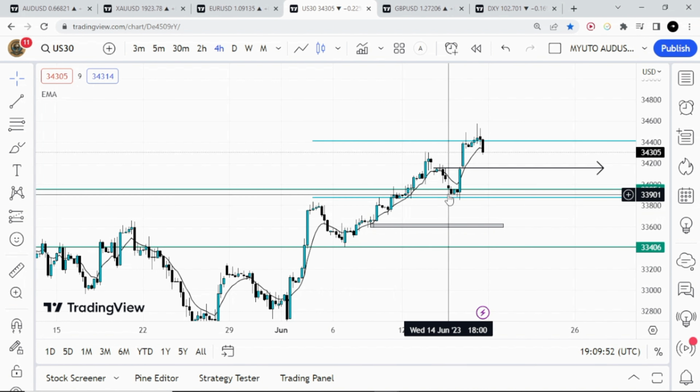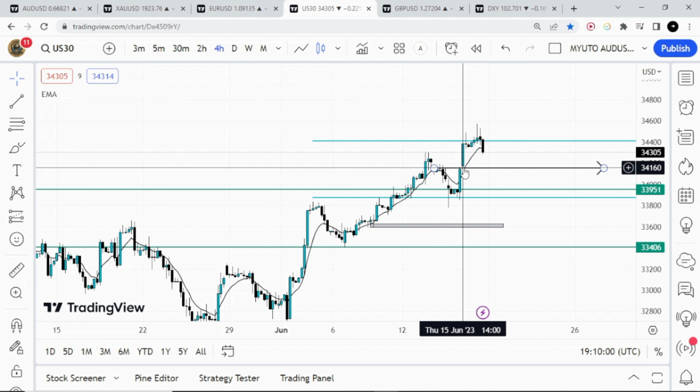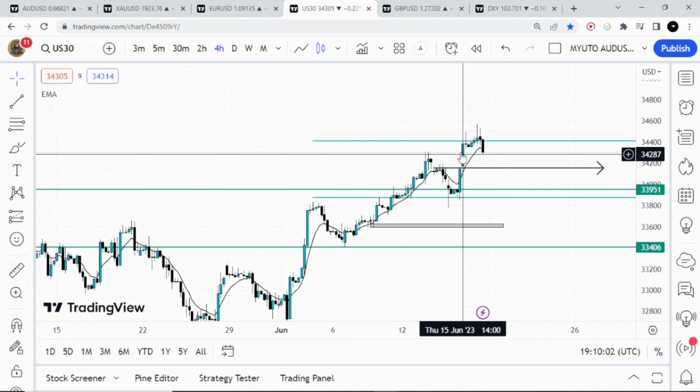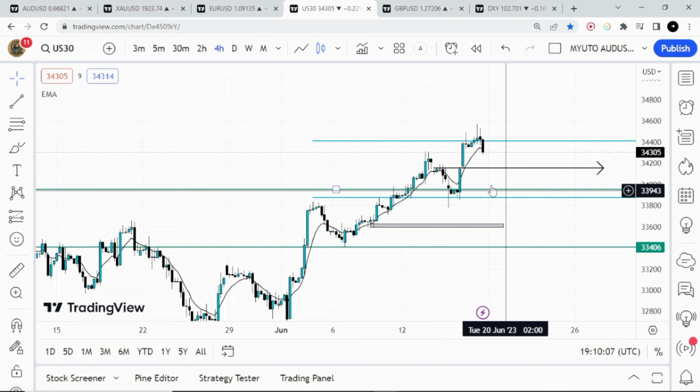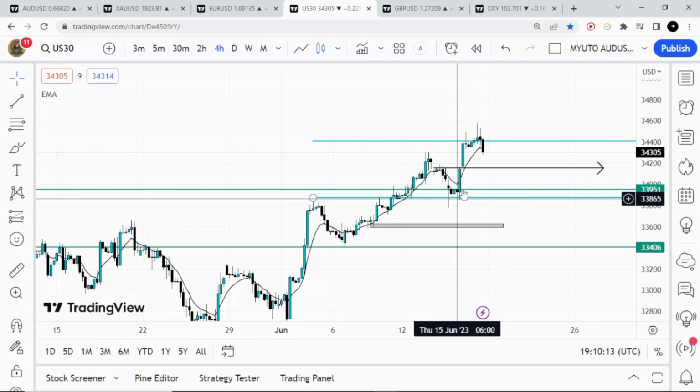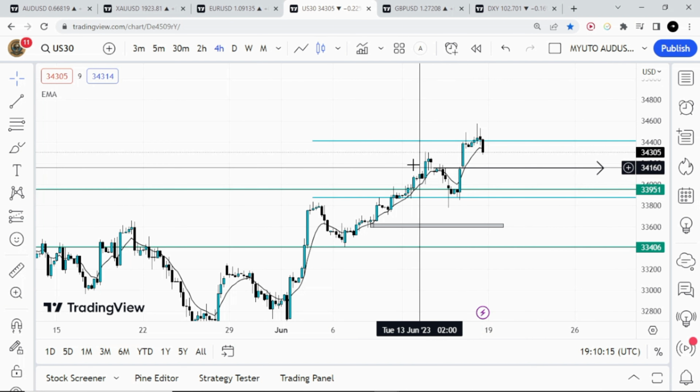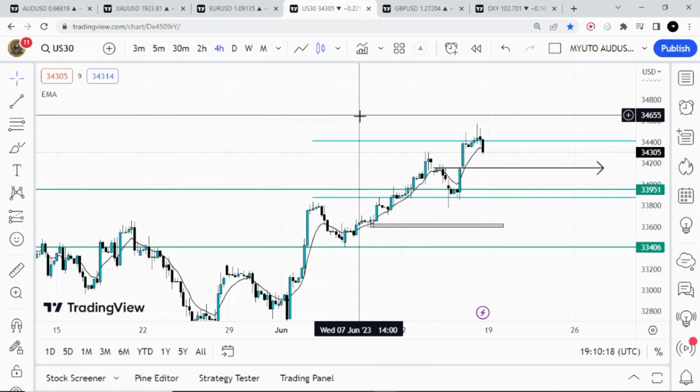Okay, so as you can see, this is an order block. We had momentum, and this is where we experienced the gap. So currently we are having a retracement on US30. So keep your eye out for US30, those who trade US30. Okay, from US30 we head over to GBP USD.